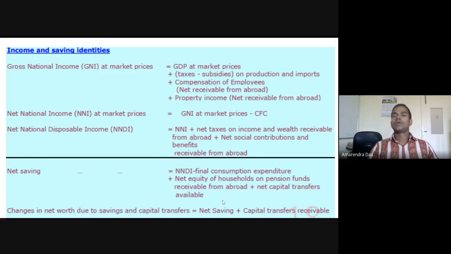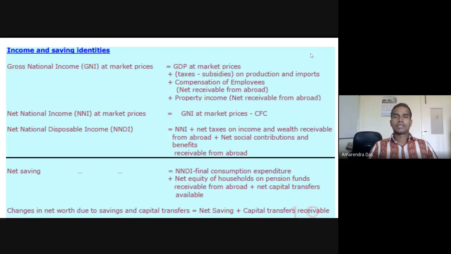That means basically the income that we receive from Indians working in other countries minus what the foreigners working in India send to other countries. Property income is basically the profit Indians repatriate from other countries wherever they are doing investment. Similarly, foreign direct investors in India send profit to their countries. So that will be basically the net receivable from abroad.